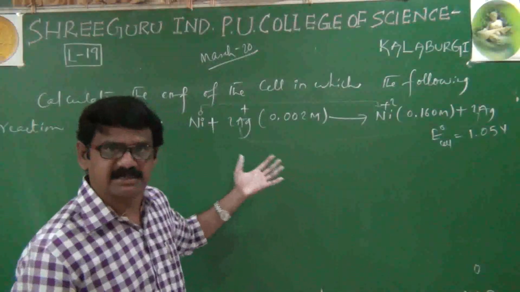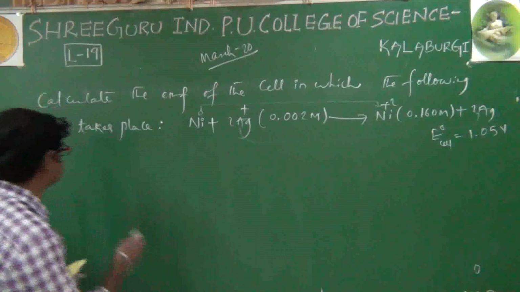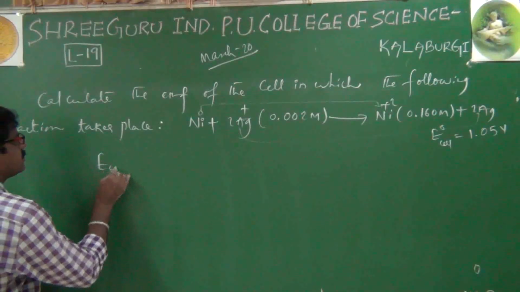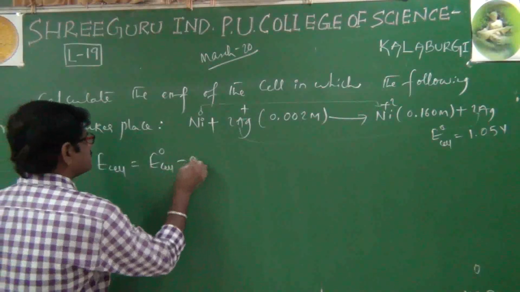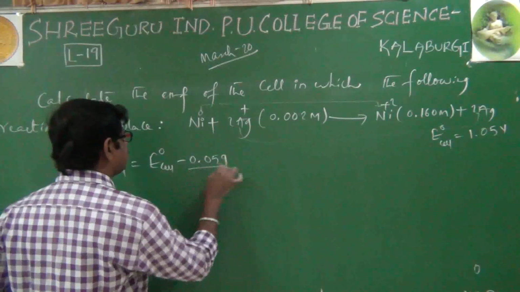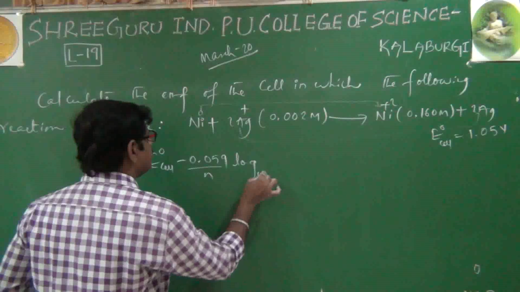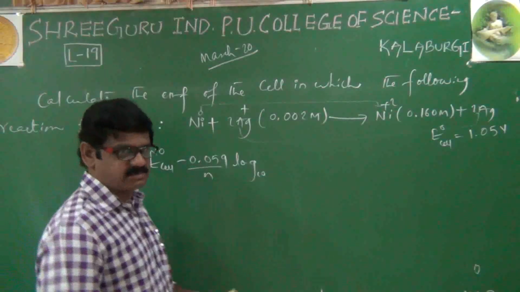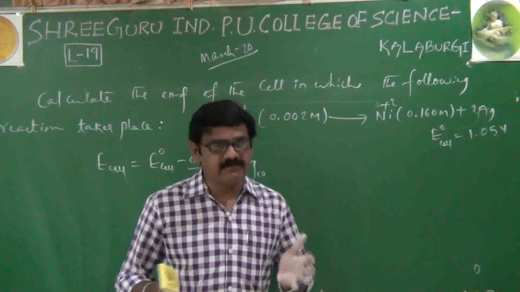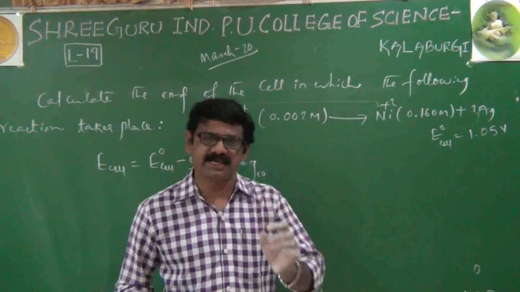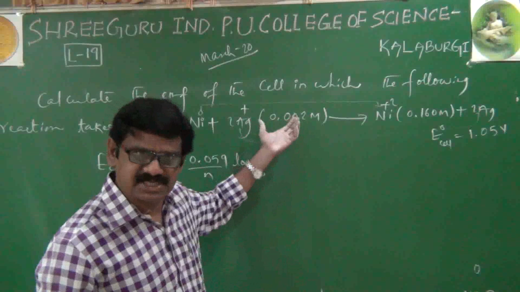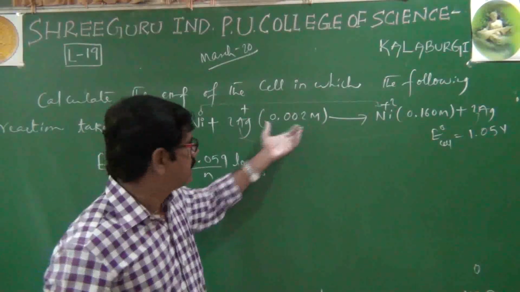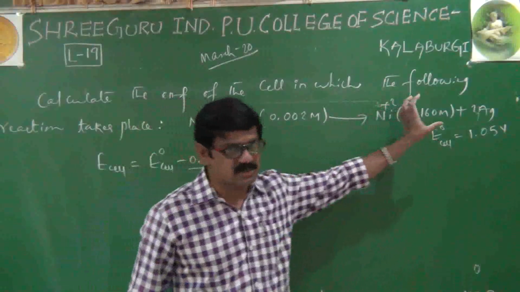Now we'll write the Nernst equation for cell potential, that is E cell is equal to E naught cell minus 0.059 by n log base 10 product concentration by reactant concentration. We will get the product and reactant from the net cell reaction only. Here fortunately in the question the net cell reaction has been given; these two are the reactants as well as these two are the products.